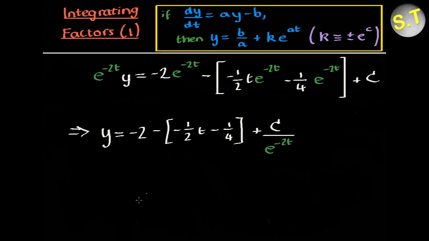So this can simplify down to, we had minus 2 minus a quarter, so we have minus 2 plus a quarter, so we have minus 7 quarters, plus a half t, because minus and minus is a plus, and finally plus c e to the positive 2t, because 1 over e to the negative 2t is the same thing as e to the positive 2t. And that's it.